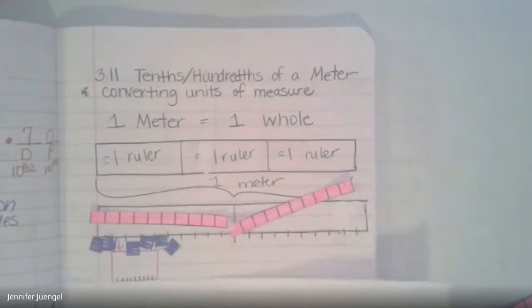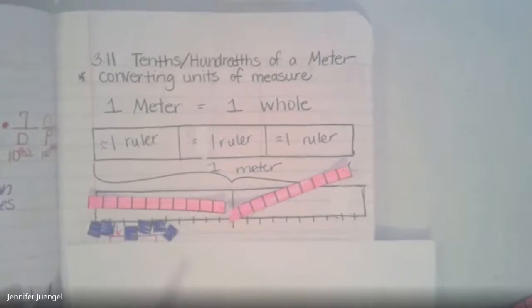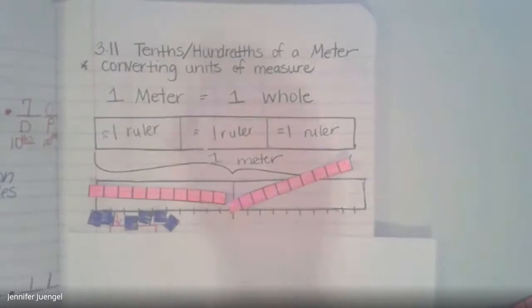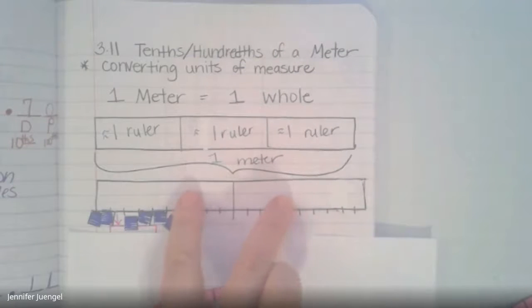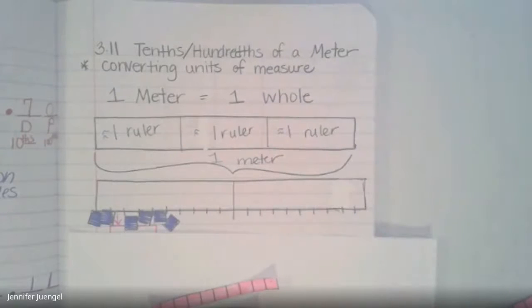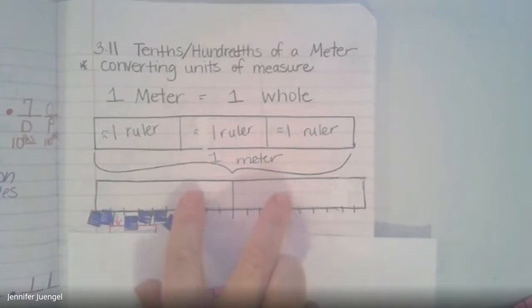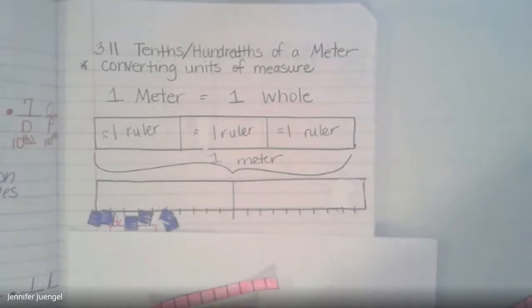So I want to show you this picture here. I've drawn an example of a meter stick. So here's my example of my meter stick. And I've only shown you, of course, my meter stick would be longer than the desk that I'm working on. So I just put the very first 2 parts of our meter stick down on my paper. So you'll have to imagine that this meter stick is going to go on and on and on for almost 3 feet. That's almost the width of a door.